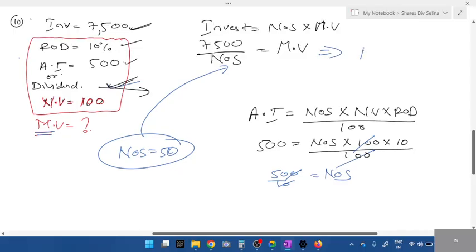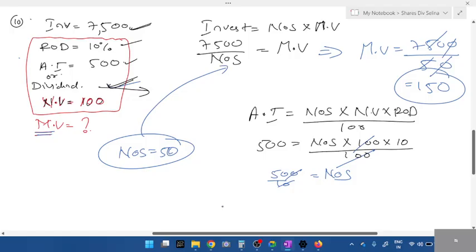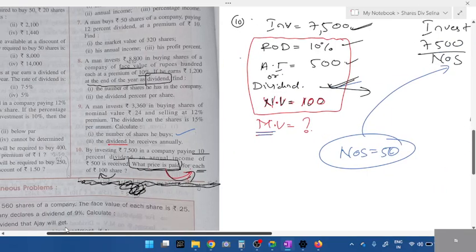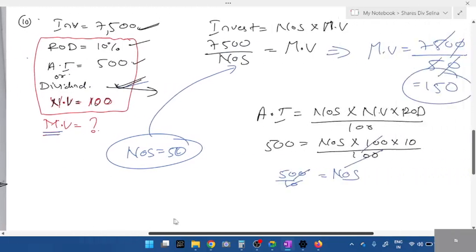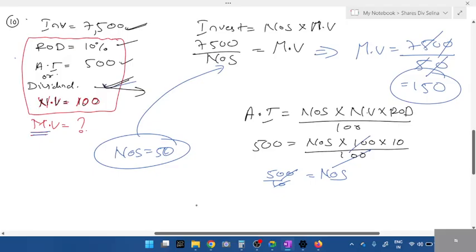Therefore, market value is equal to 7500 divided by number of shares. What's the answer? 150. Check the answer in textbook. Is it correct? What price is paid?